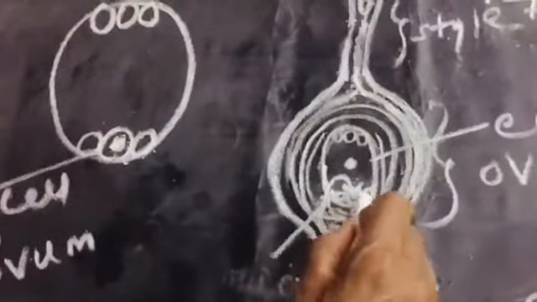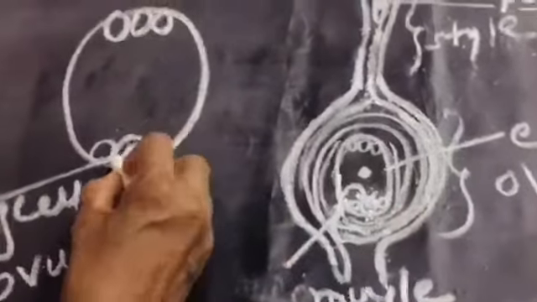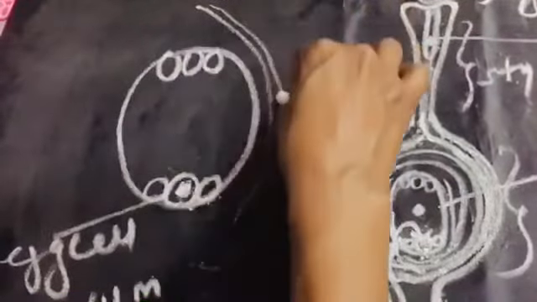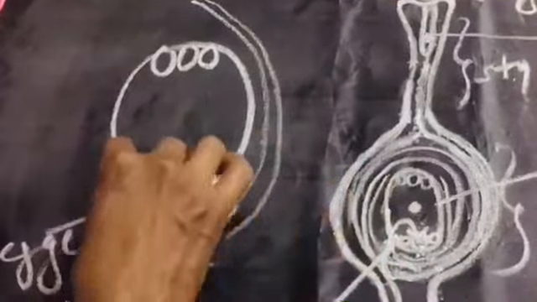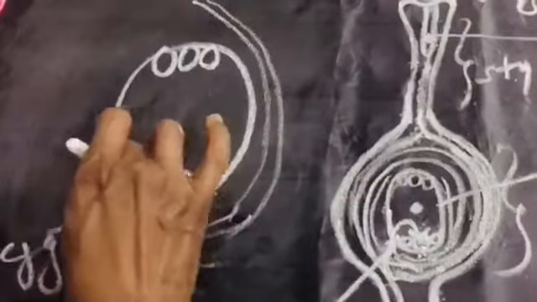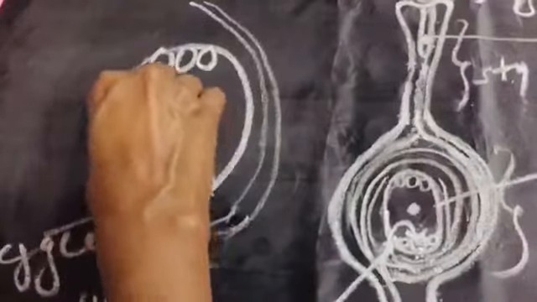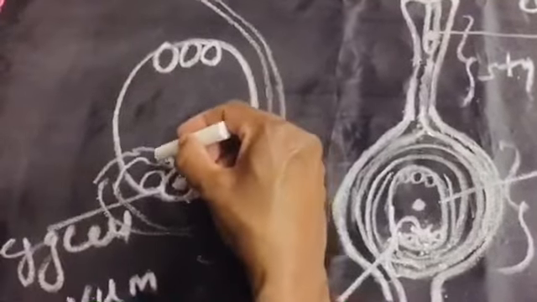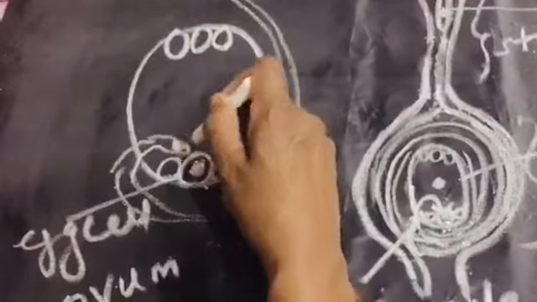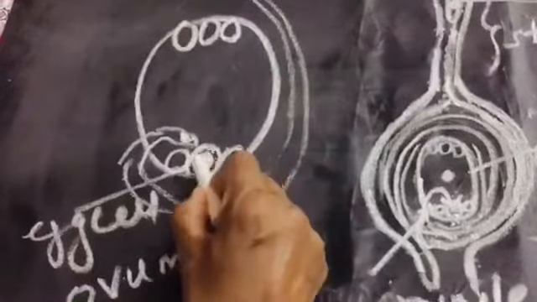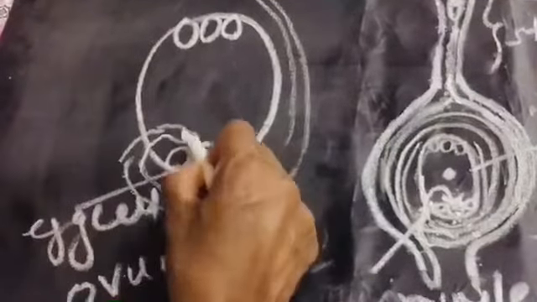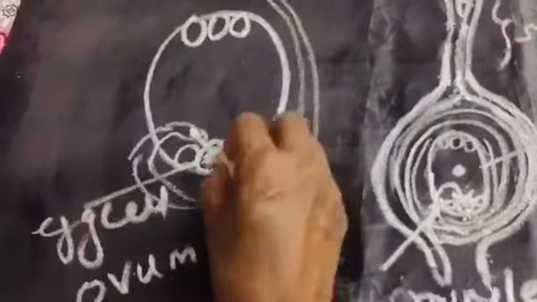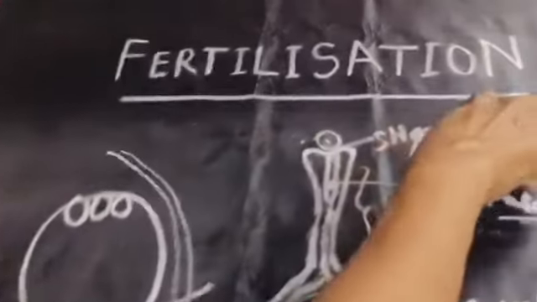This is known as fertilization. The pollen tube brings the male nucleus and it enters the embryo sac, and this male nucleus fertilizes the egg cell. This fusion of the male nucleus and the female nucleus inside the embryo sac is known as fertilization.